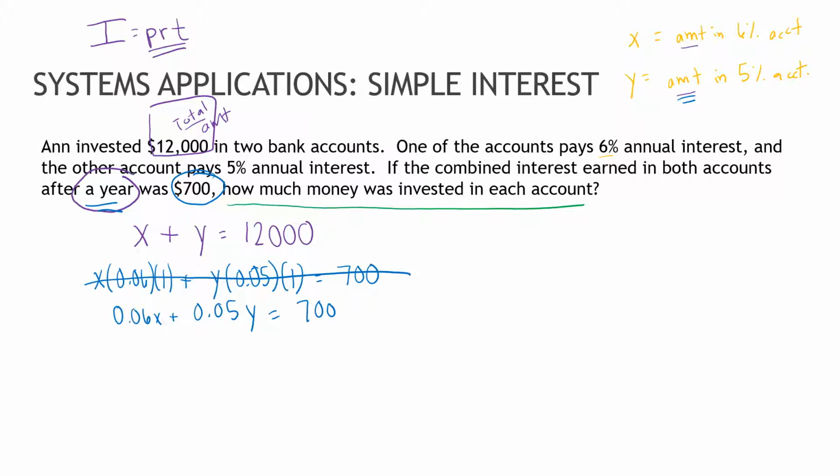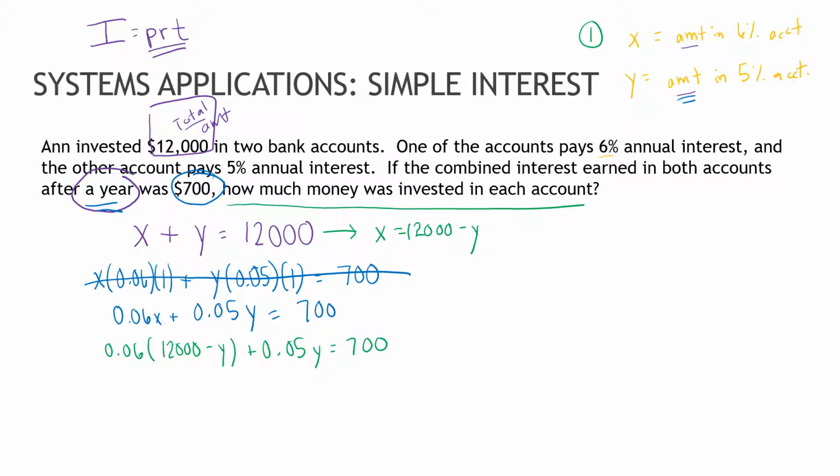The purple equation I'm going to use, like I have in my last several examples, to use substitution. So I'm just going to get X by itself. It doesn't matter which one you do, it's the same idea. I would get 12,000 minus Y then for X, which means 0.06 instead of X, 12,000 minus Y, plus 0.05Y equals 700.